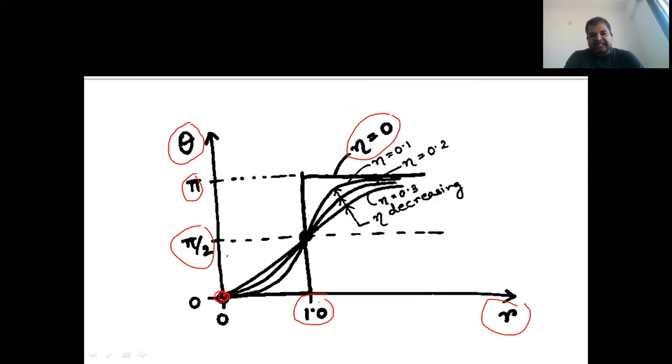Then if you take r equal to 1, eta equal to 0, in this case the theta value will be coming this and this, right? And third, for r greater than 1, you take a number of values with eta equal to 0, find out the phase angle, and you will get this particular line. If you plot this, you will get this particular diagram.